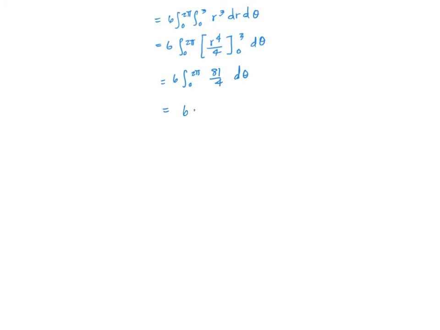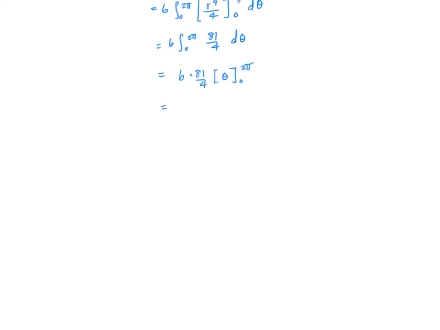I'll just write this as 6 times 81 over 4, and then this becomes 1 d theta, which would just be theta evaluated from 0 to 2 pi. That's just 2 pi. So 6 times 81 over 4 times 2 pi, not a decimal representation, double check me, 243 pi.